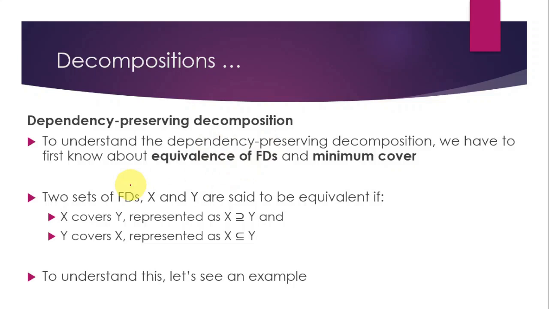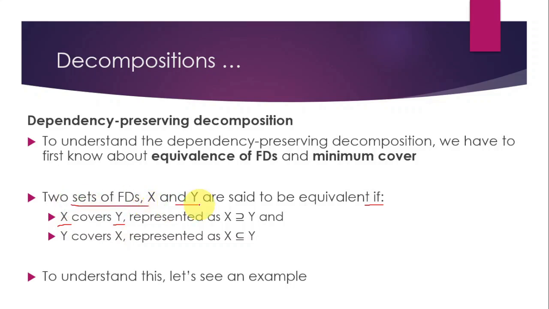Let's see what is meant by equivalence. When can you say that 2 sets of FDs are equal? You can say they are equal if X covers Y. X and Y are 2 sets of FDs.